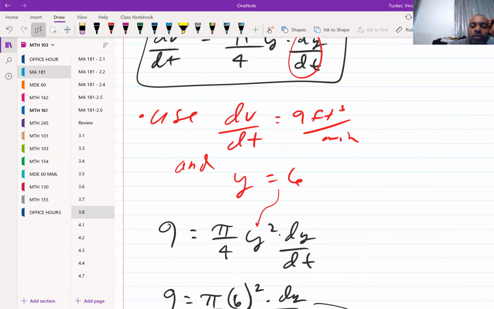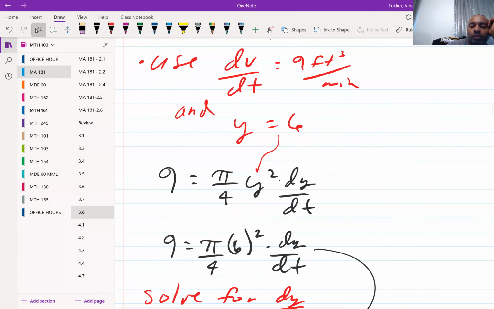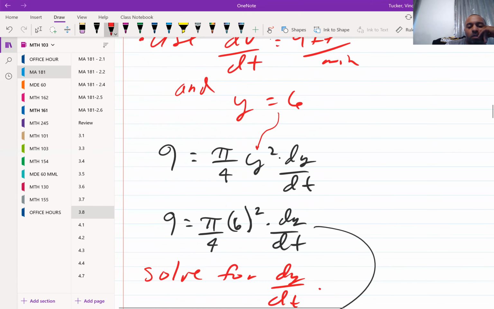So we plug those values in. Now we can solve for dy dt.